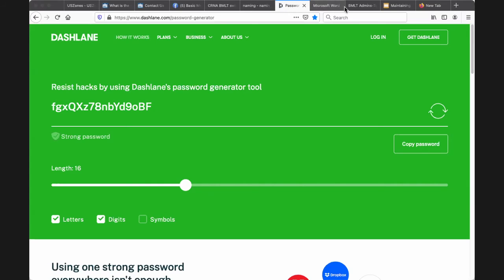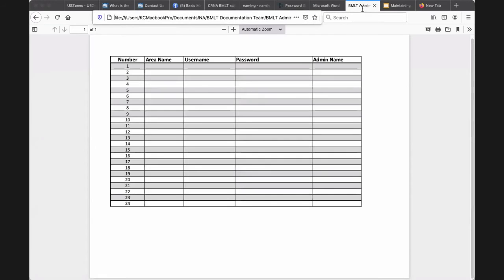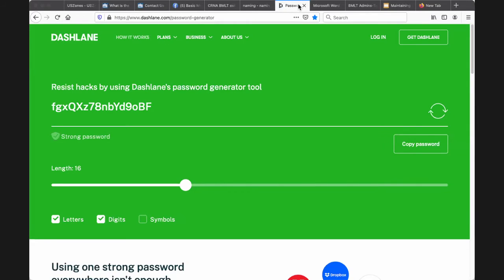So what I came up with was a spreadsheet, and it has the area name, the username, the password, and the admin's name. And then when they are onboarded, I use a password generator. I copy that, I put it into the file. That way I can track exactly what their password is.